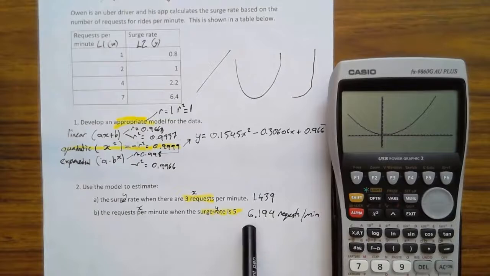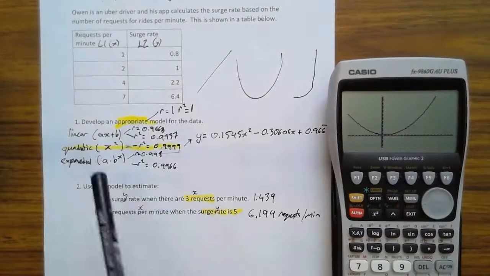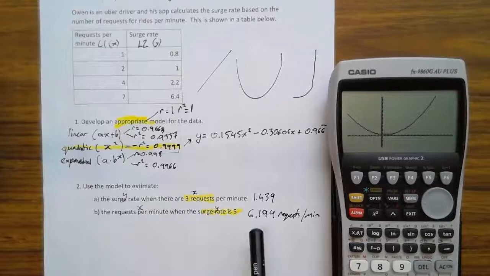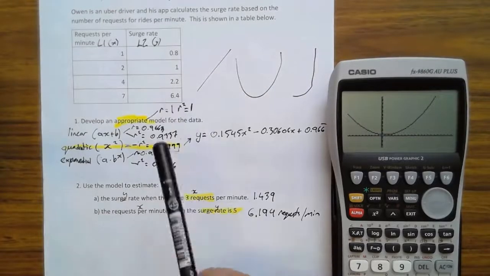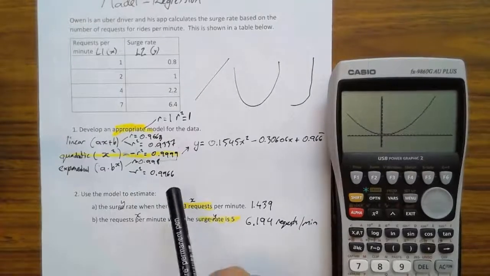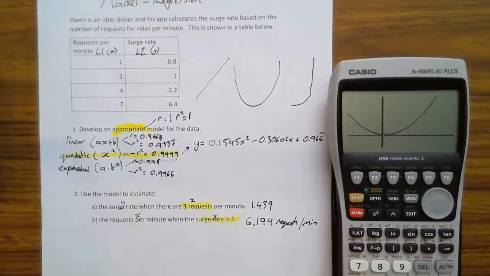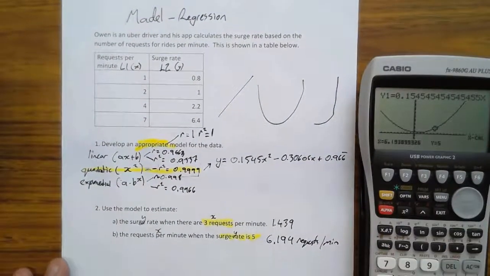Well, it sort of does, because this 6.194 is less than 7, which makes sense. It's not going to be maybe quite where you expect it to be, because we are just doing a model that fits most of the data. We're not doing something that's going to exactly fit all of the data. Okay, that is how you do a regression model.